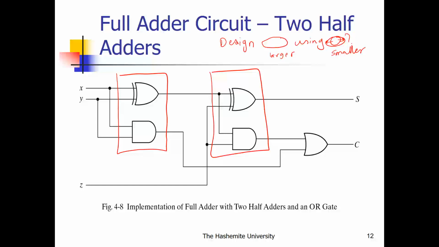In this case, we understand that if we use a half adder, the sum is the XORing of the first two inputs, which are X and Y. And I know that the carry is X ANDed with Y. Then I take the sum output of the first half adder, with the third input, which is Z, and using the second half adder I can generate X exclusive or Y, exclusive or Z, coming from the sum output of the second half adder.